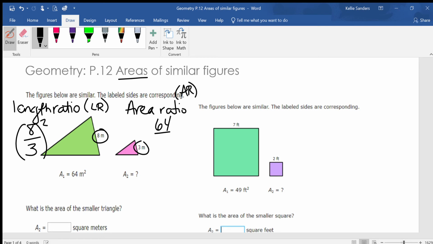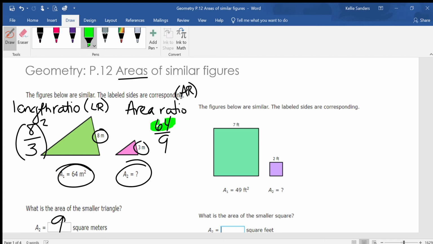So 64 over 9. If the area is 64 meters squared here, then the area on this similar triangle is going to be 9 square meters. I'm going to change that a little bit later on though.